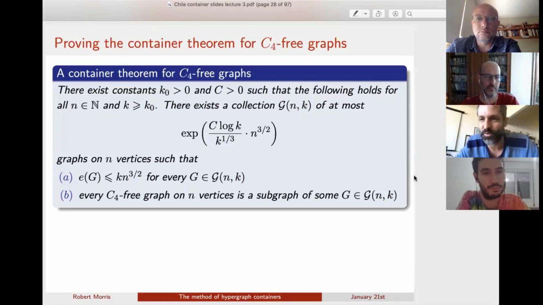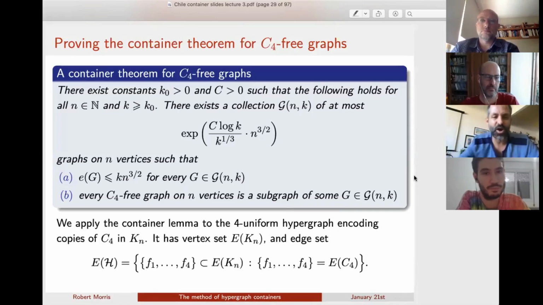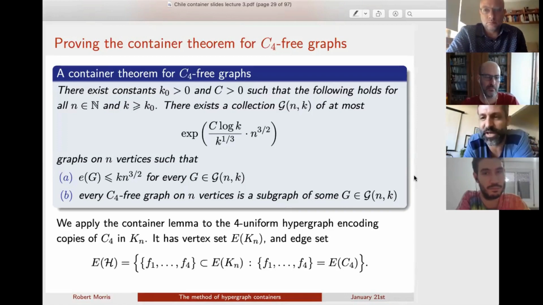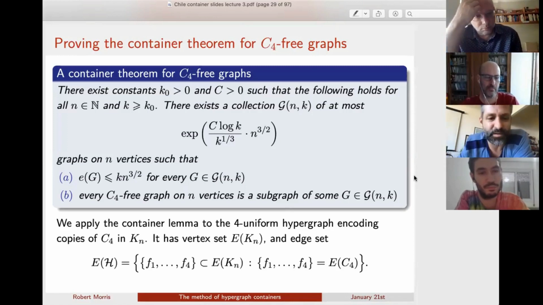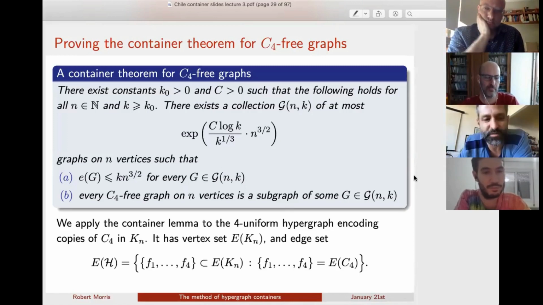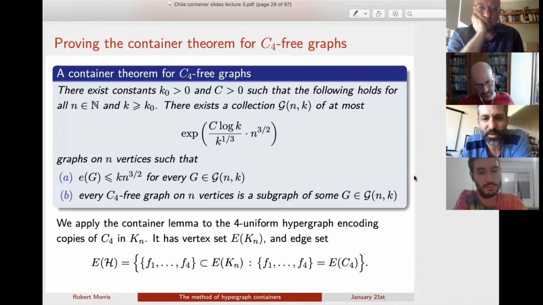Which hypergraph do we want to apply it to? The natural candidate is the hypergraph that encodes copies of C4 in the complete graph. That's just the same as before. So the vertices are the edges of the complete graph, and the hyperedges are 4 edges that form a cycle.